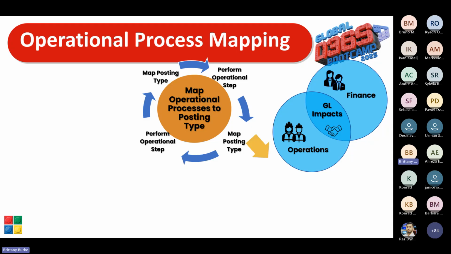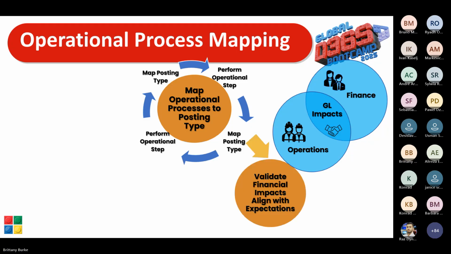So once you get through that whole process, you want to validate that the financial impacts align with expectations. So use your finance team, looking at it and saying, okay, at the end of purchase order receipt, I would expect balances to sit in this account and this account. Okay, does it? Are they debits when they should be debits? Are they credits when they should be credits?